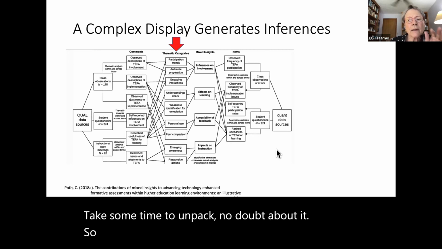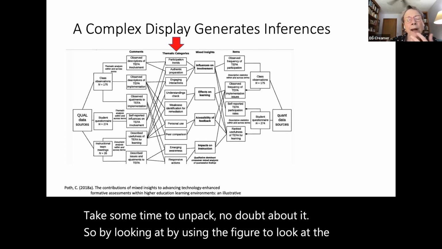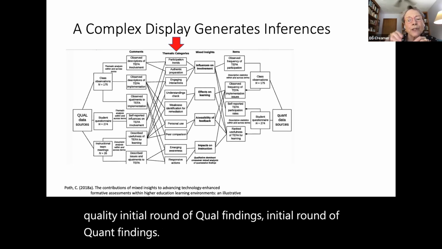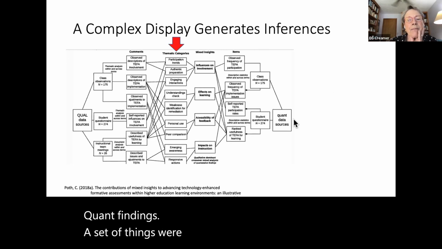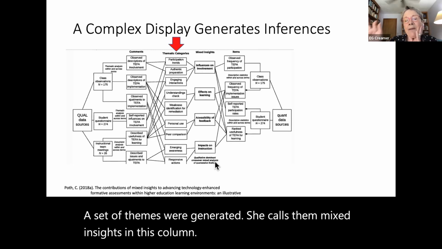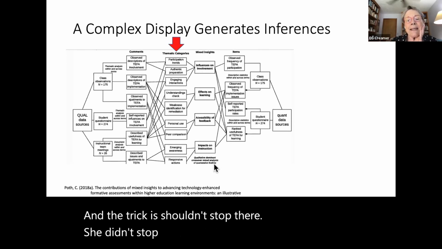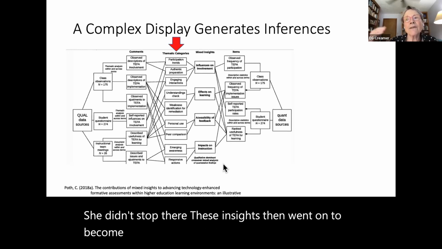So by using the figure to look at the initial round of qual findings, initial round of quant findings, a set of themes were generated. She calls them mixed insights in this column. And the trick is, she didn't stop there. These insights then went on to become the basis of subsequent tables.